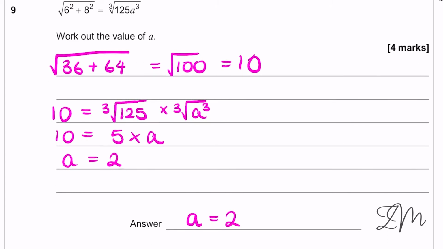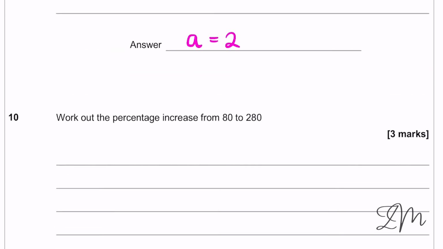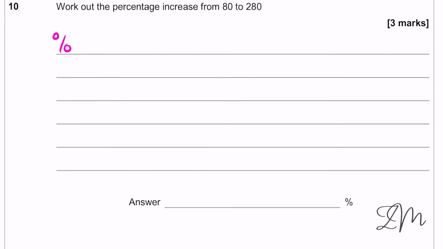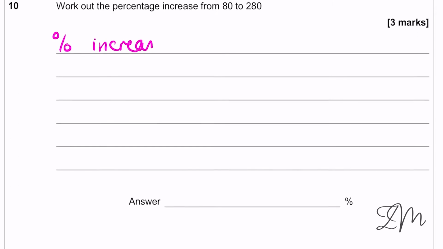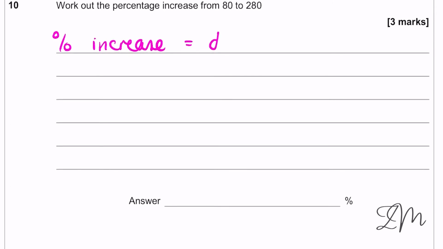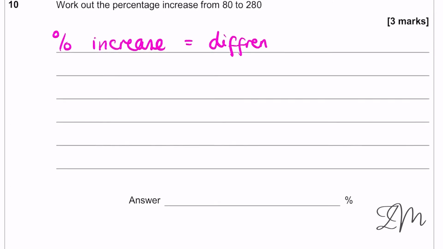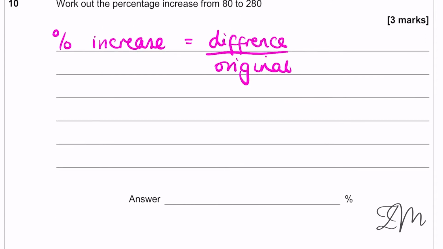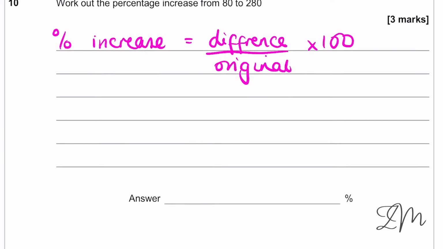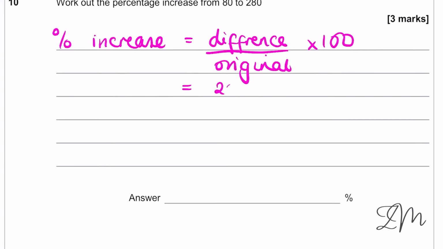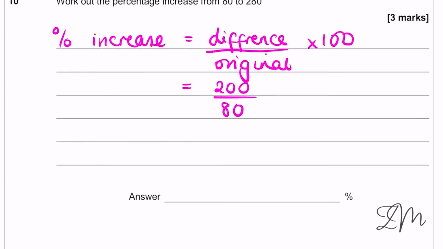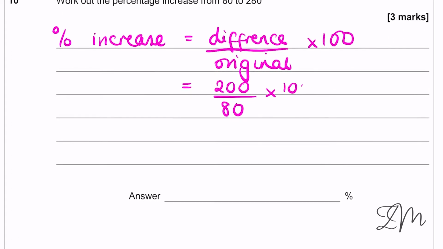Right, we've got to work out the percentage increase from 80 to 280. So percentage increase is always the difference over the original times by 100. So your difference in this case is 200. Your original is 80, and you're multiplying it by 100.